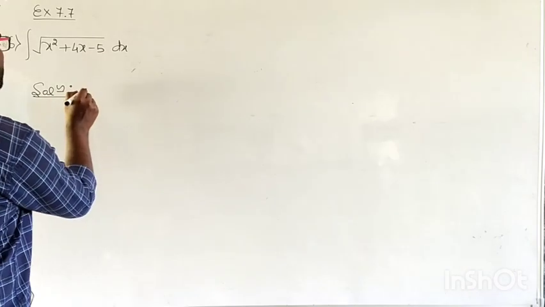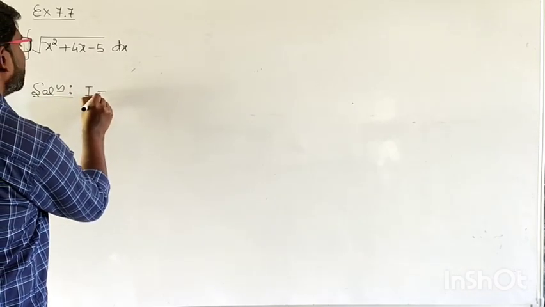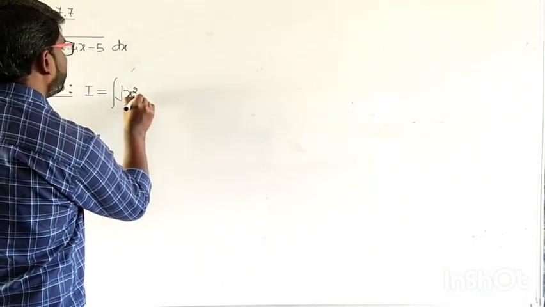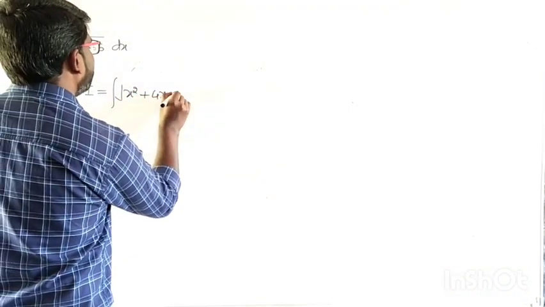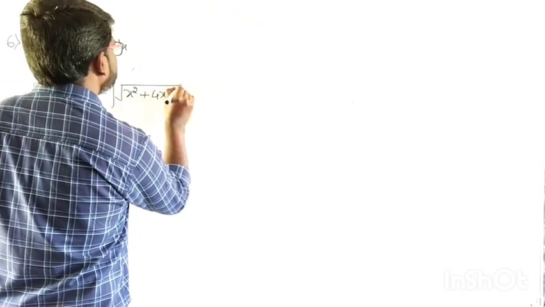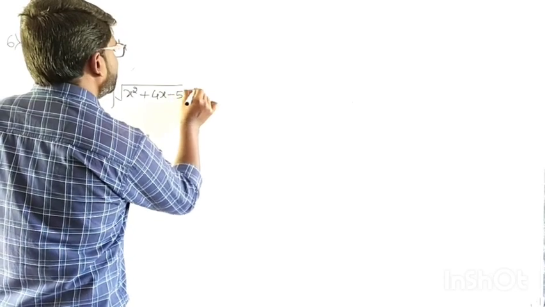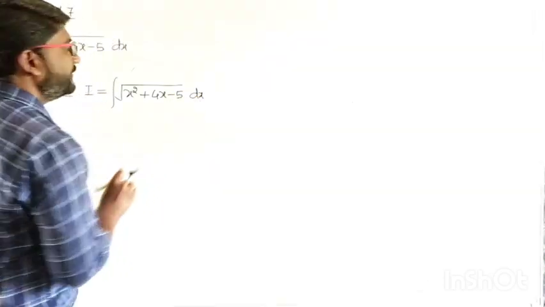So I is equal to the integral of the square root of x square plus 4x minus 5 dx.